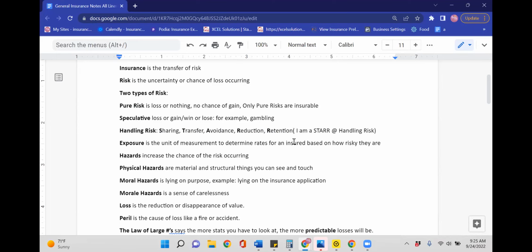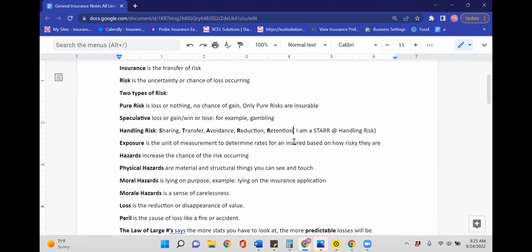You transfer the rest to them. So retention is keeping some or all of the risk. You are self-insured if you keep all of it. You have a deductible if you keep some of it, but you are retaining some of the risk. Okay. So retention is either self-insurance or a deductible. You're keeping some of the risk.